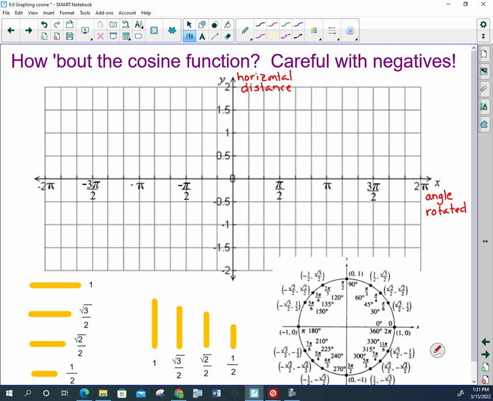Okay, so first of all, we're going to just start right here at 0, 0. When we draw that, we're talking about this length right here. But we're going to have to put that in our coordinate plane up here.